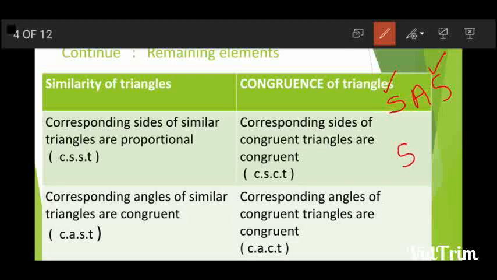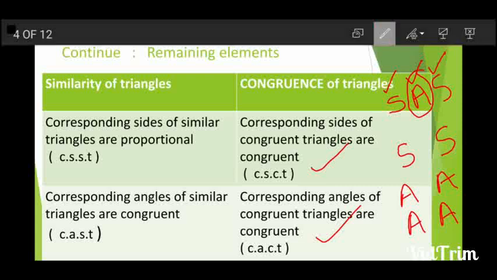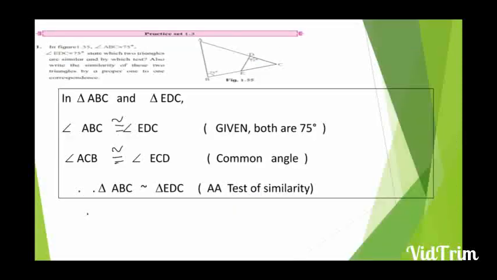Then the remaining one side will be congruent. For that the reason will be: corresponding sides of congruent triangles are congruent. In the same triangles, in the SAS test one angle is congruent, and the remaining two pairs of angles are also congruent. For that the reason will be: corresponding angles of congruent triangles are congruent. Now let's move to the next slide.